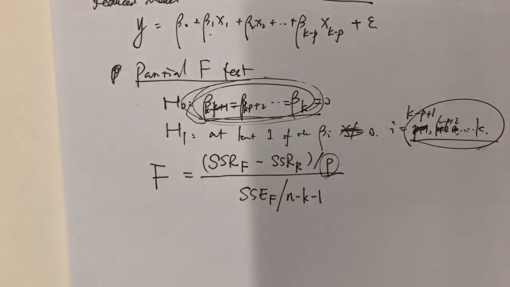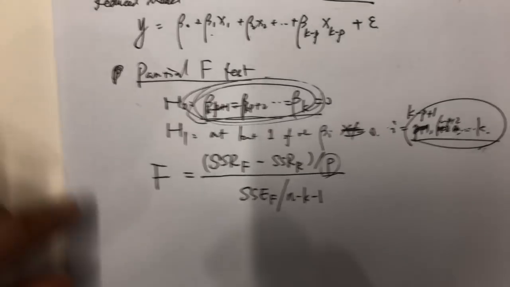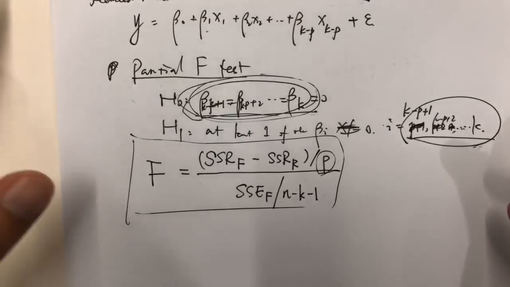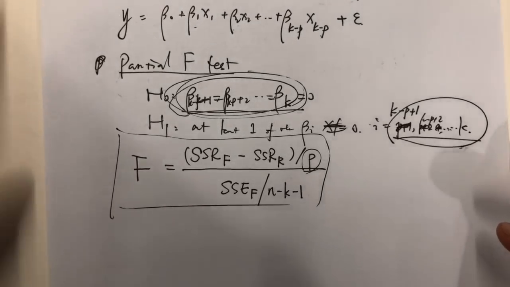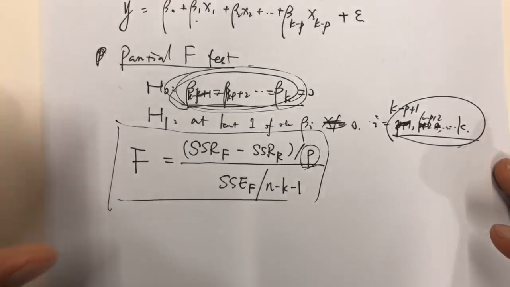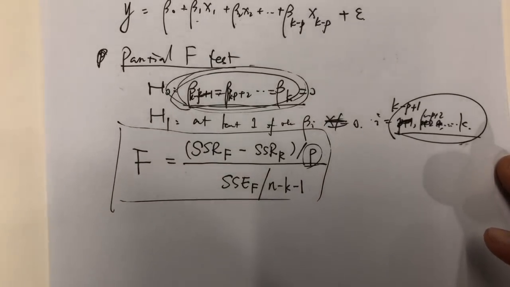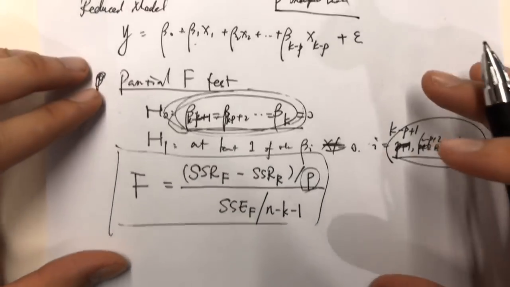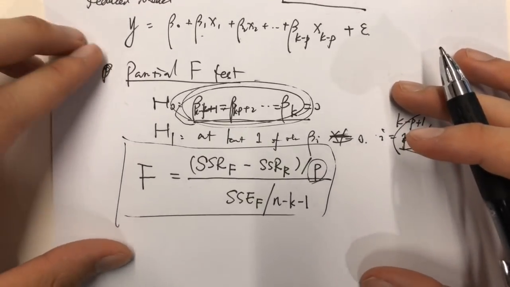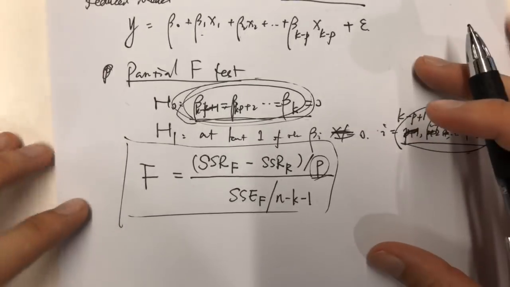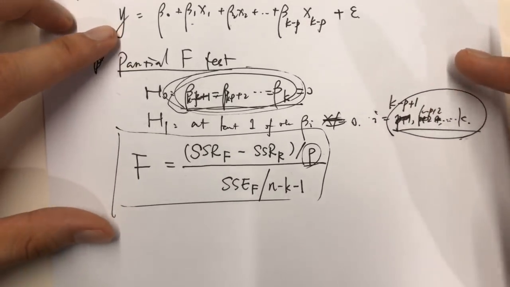This is the F statistic, and this is the only test that you need to calculate manually in your exam, so you need to know how to calculate this. We will later use a past exam question to illustrate how we apply this partial F test, which will help you understand it better.